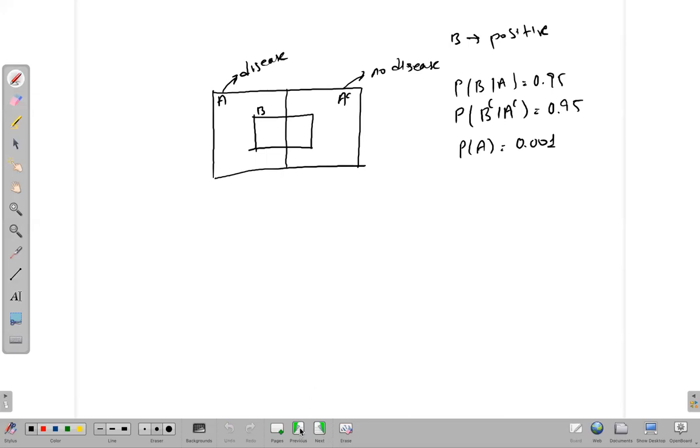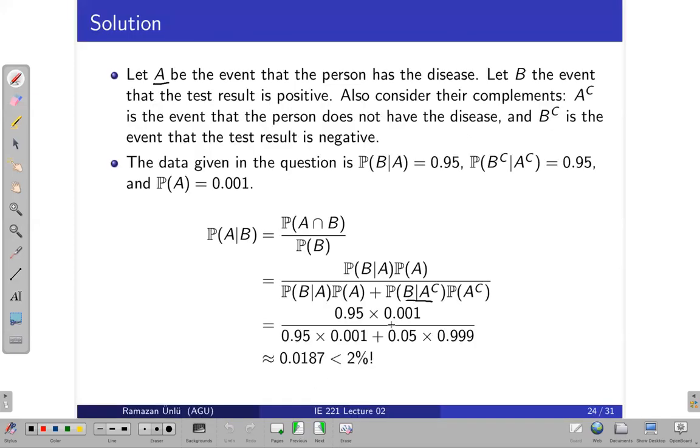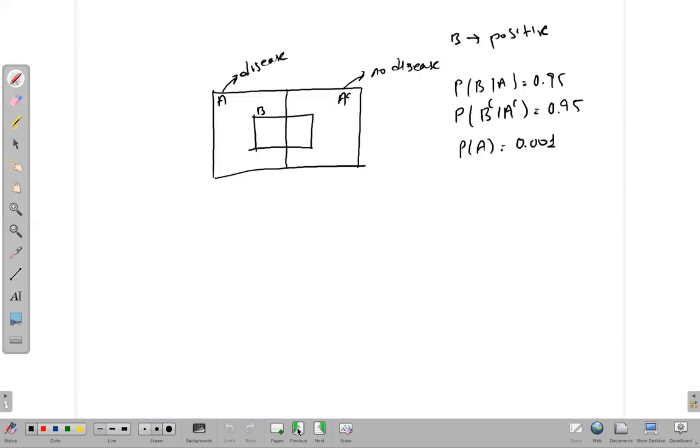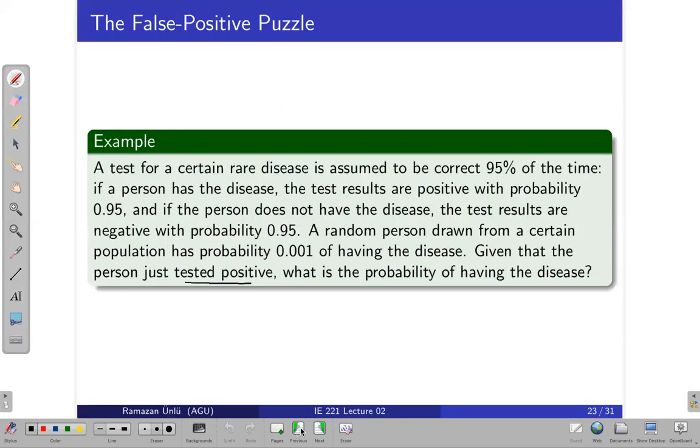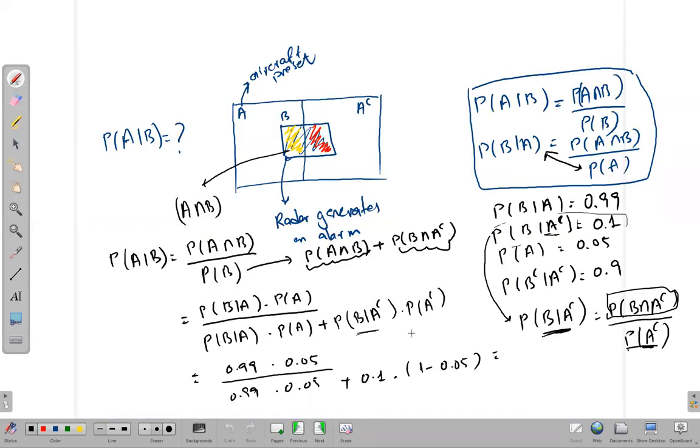There is a solution here, but I want you to solve this problem as we did in the aircraft example, step by step.